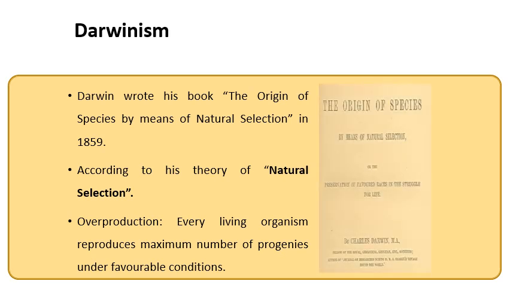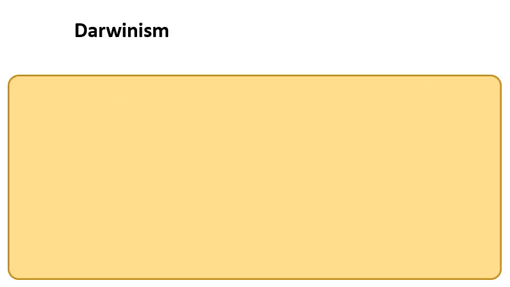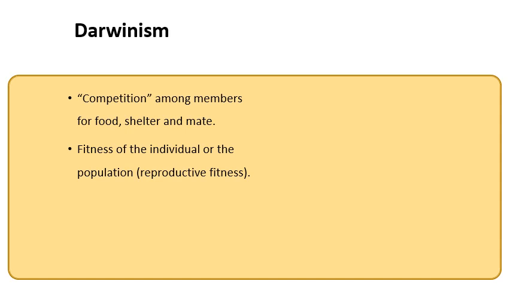Now, the second important concept or postulate of Darwin is struggle for existence. So when the population increases due to overproduction, naturally there is competition among the individuals. This postulate is called struggle for existence. So overproduction leads to struggle for existence between the members of the species.